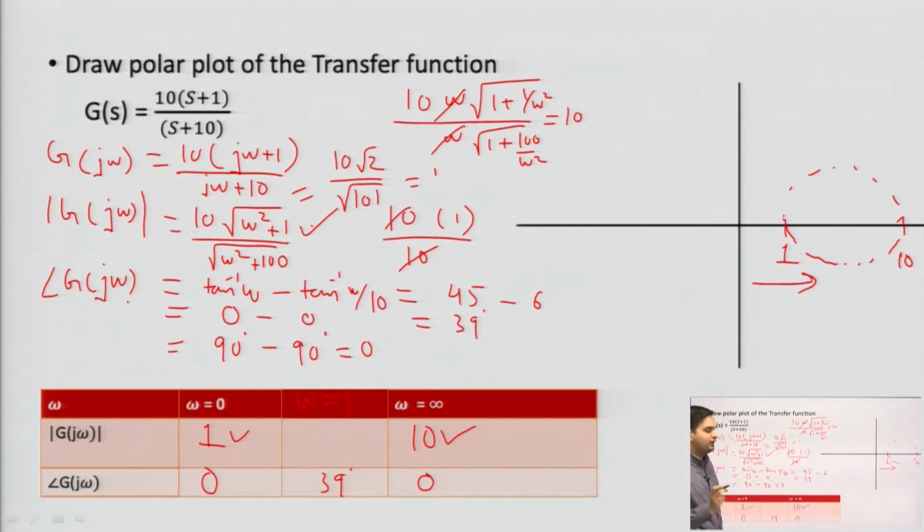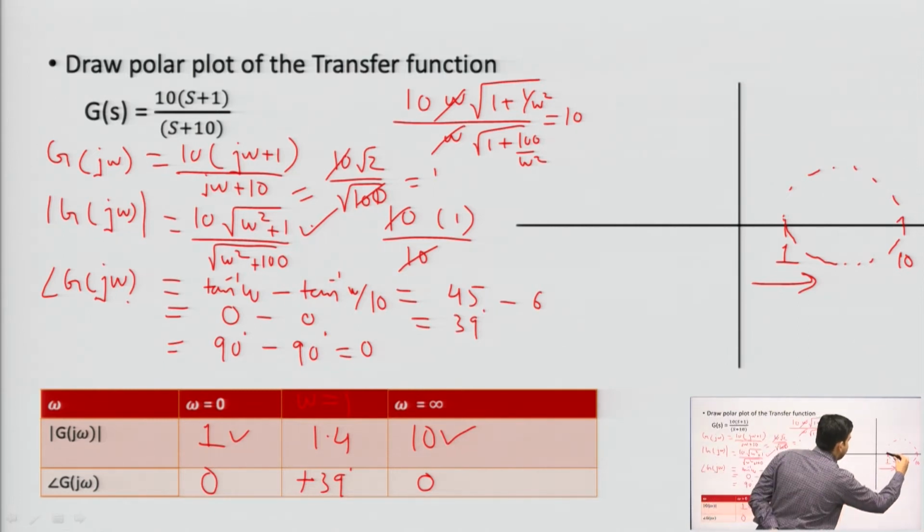For approximation, I can choose it as 100. So, this will cancel out, root 2 is around 1.4, approximate value, not exact value. Okay. So, it means I am getting here a positive angle, right. It means I need to move from 1 to 10 in this direction.